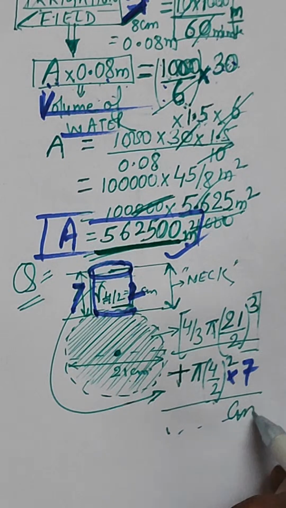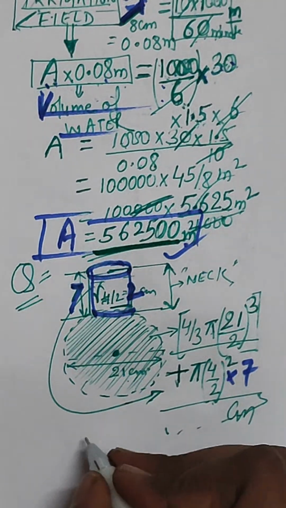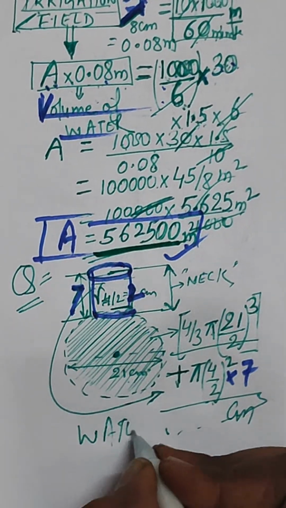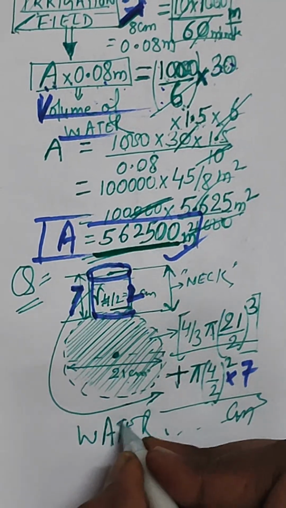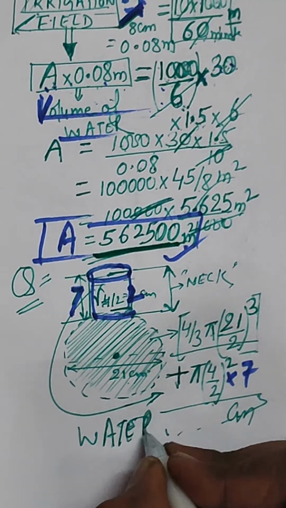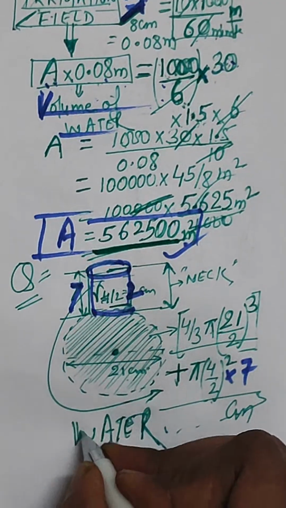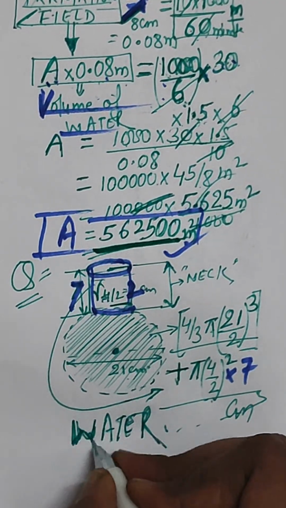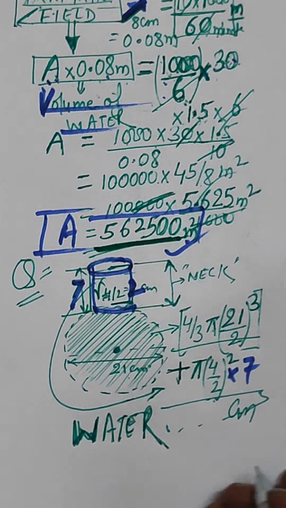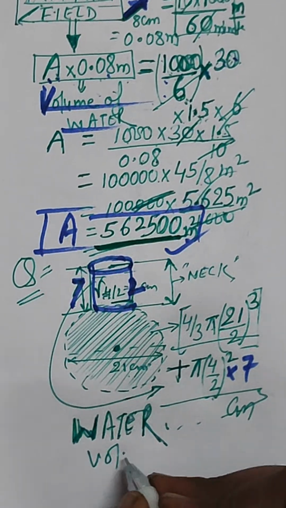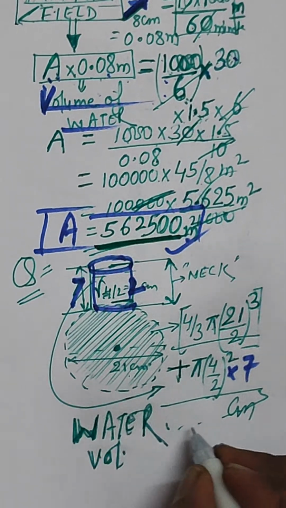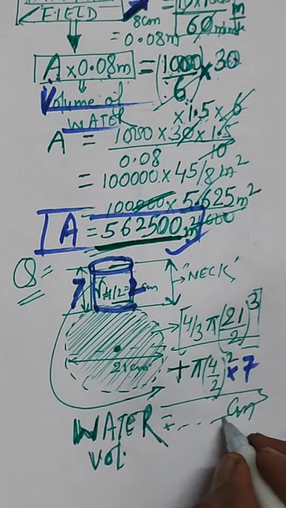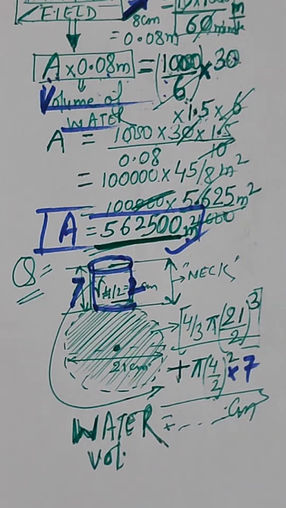This much centimeter cube is the water content. Water can be measured in the form of its volume, okay? So just solve it and this will give you the answer. It's very simple.